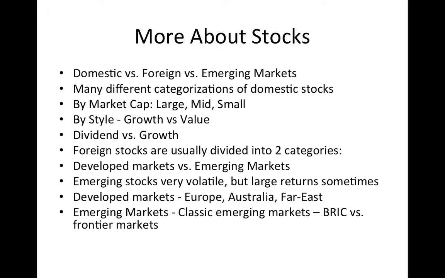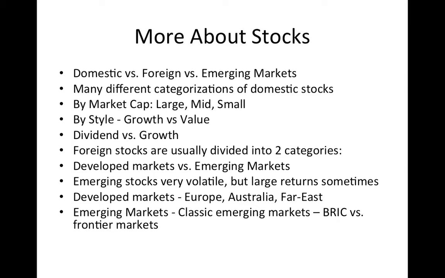So now, coming back to foreign stocks, they are usually divided into two categories: developed market versus emerging market. Emerging stocks are very volatile but sometimes large returns. As I said, in aggregate, more volatility, more risk should pay you more returns.